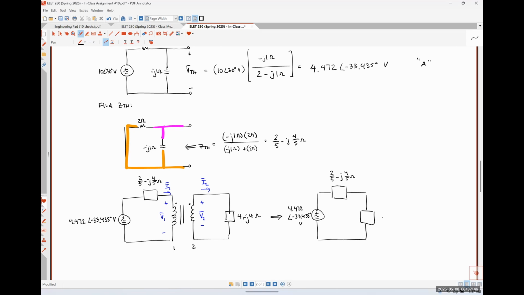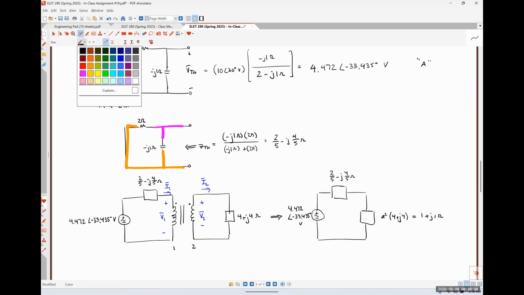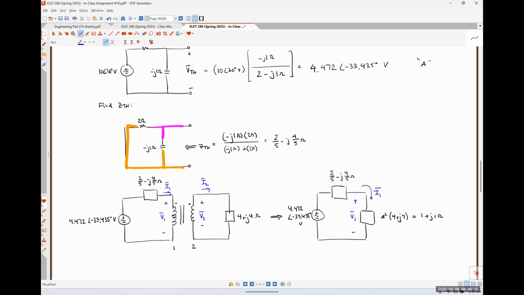This is going to be A squared times 4 plus J4. Well, what's A in this case? 1/2, so 1/2. So 1/4 times 4 plus J4 is just going to be 1 plus J1. And then here is that voltage V1, and here is that current I1. Okay.